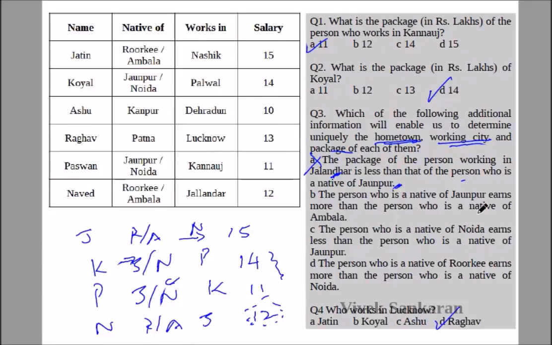The second one says the person who's a native of Jaunpur earns more than the person who's a native of Ambala. Okay. Now Jaunpur is in these two, Ambala is in these two. Now these two people cannot earn more than J because Jatin is the highest.